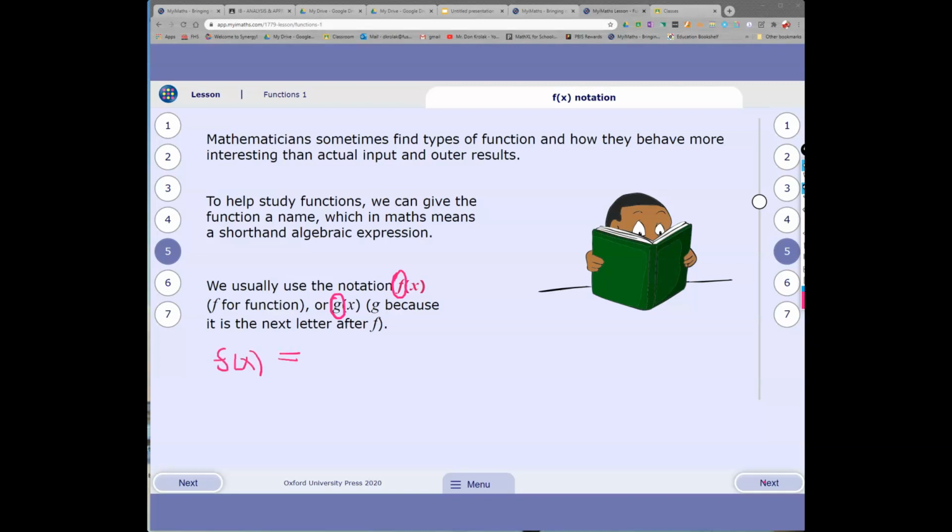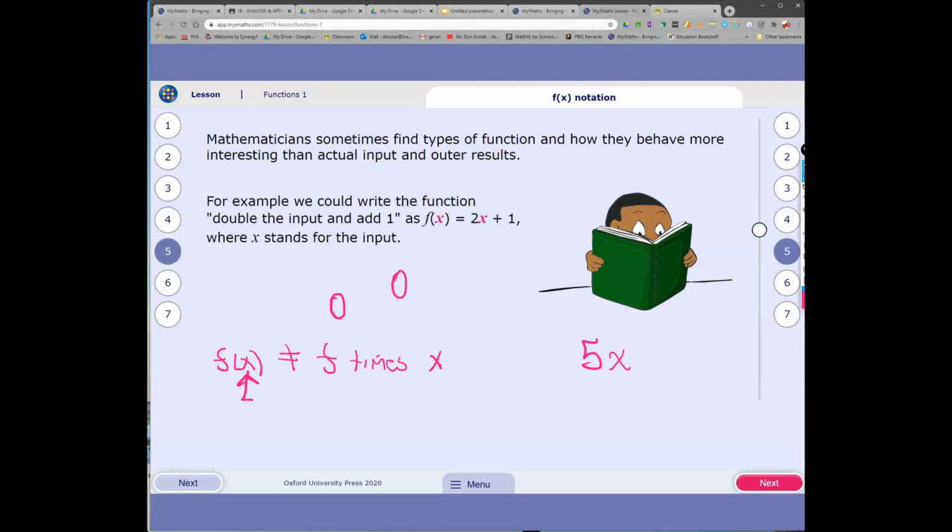This does not indicate multiplication like it does if we wrote it like that. That means 5 times x. Okay, this is the input. Okay, so we could rewrite this. If our original function that we talked about earlier on was double the input and add 1, we wrote it like this.